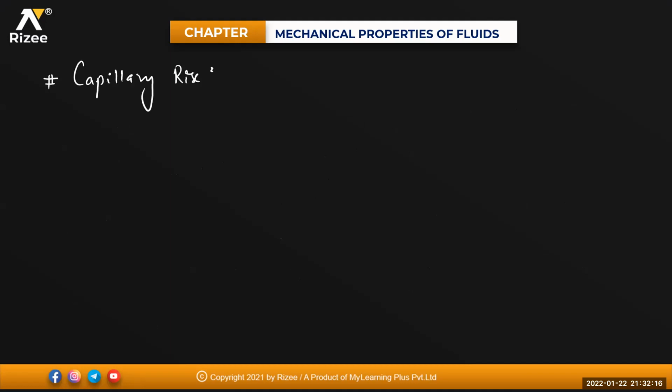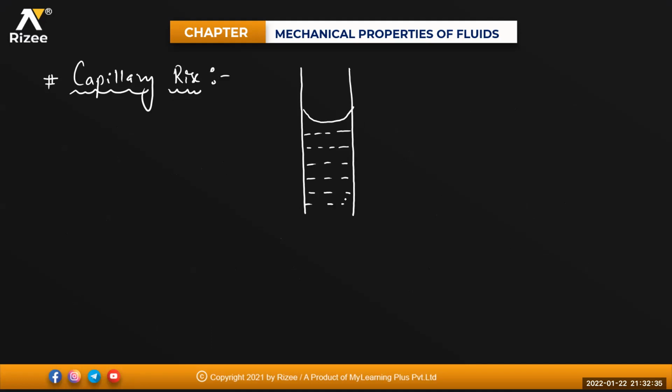And next one is capillary rise. Now see, this is your capillary tube, a small bore. When it is immersed in the water, the liquid will be rising like this. I'm not interested in the derivations of this one because it is of no use also.